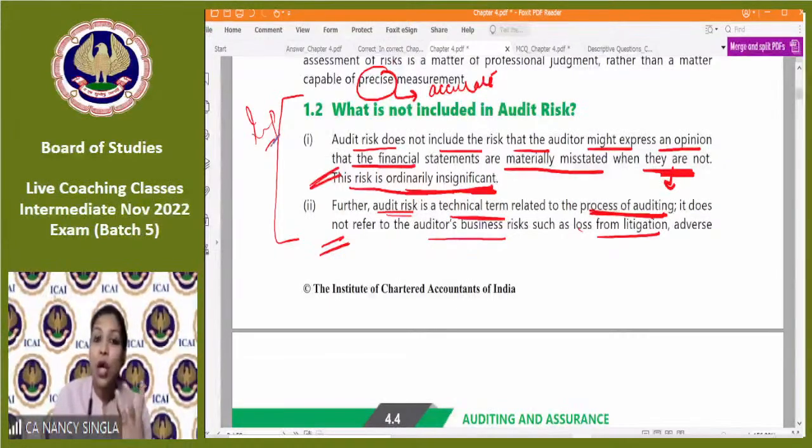Second, audit risk is a technical term and it is related to the process of auditing. Audit risk arises during the conduct of the audit. However, the business risk of the audit firm, like loss of litigation or adverse publicity of the firm, is not related to the process of audit. That is business risk of the firm. So that is why that is also not included in audit risk. Clear? Whose query was this? Dhanalakshmi, I think. Is it clear?